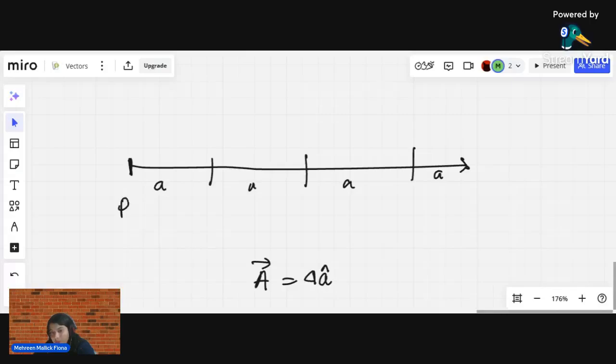The unit value of this from this end to this end would be a vector, and we would simply represent it as A with a hat sign. Now that we have divided this part into four equal parts, its magnitude would be 4 units.